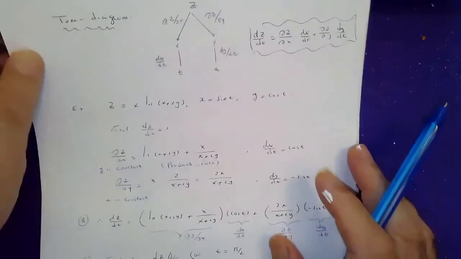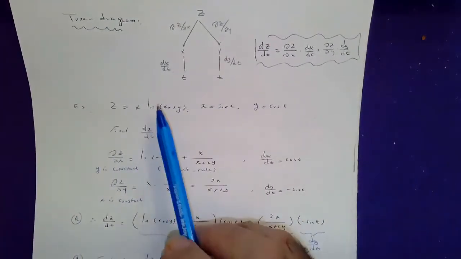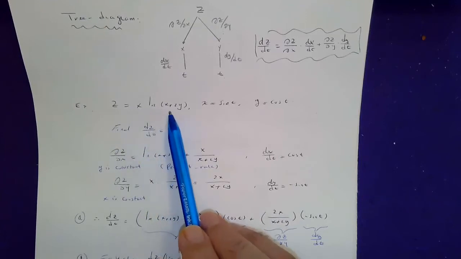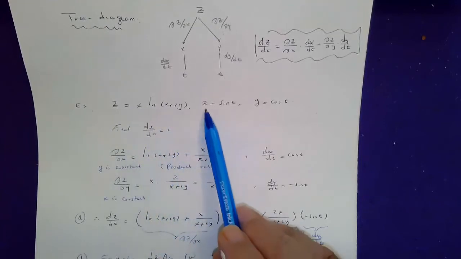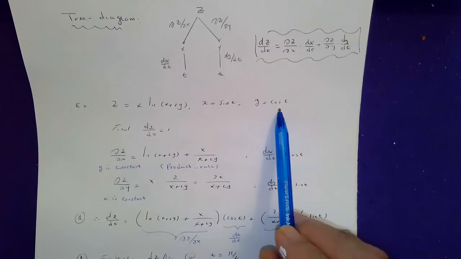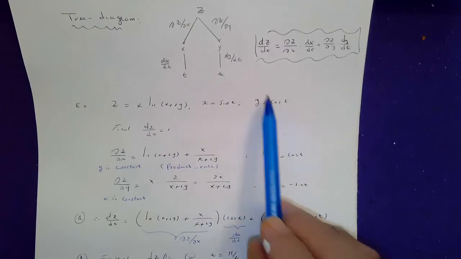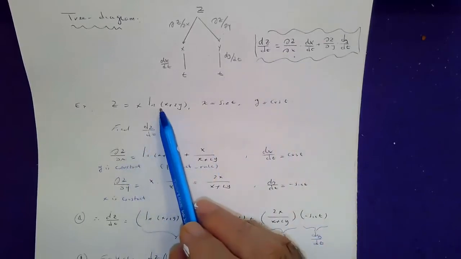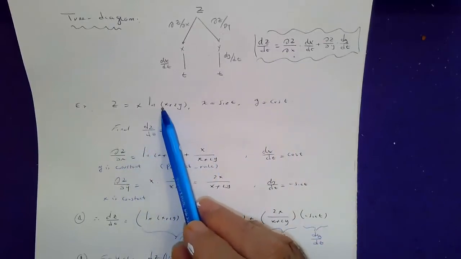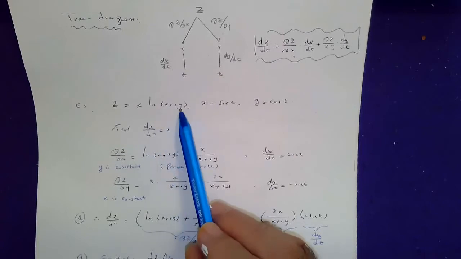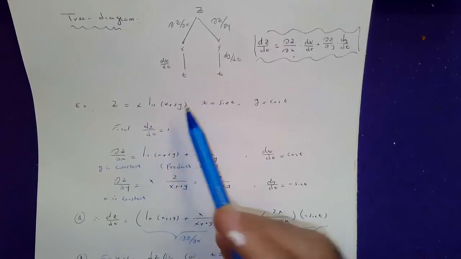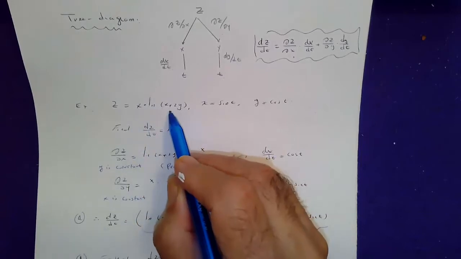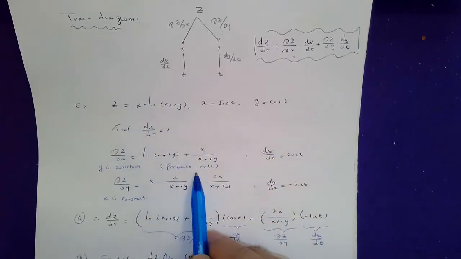So to take the idea home, let's take a look at this example. z is equal to x times the natural log of x plus 2y, but x is sine of t and y is cosine of t. According to this formula, I need first to take the partial derivative of this with respect to x, so the y's are held constant. However, because I have x here and x in the log argument, I have to use the product rule.